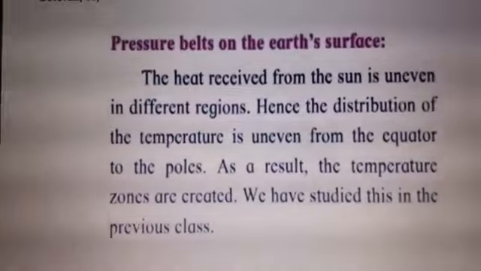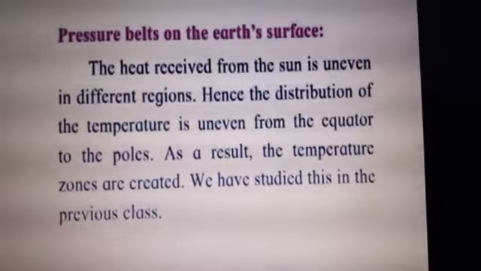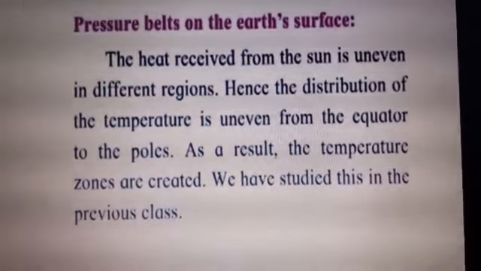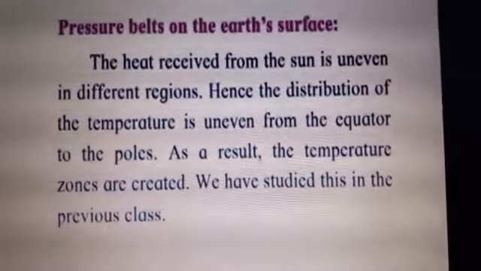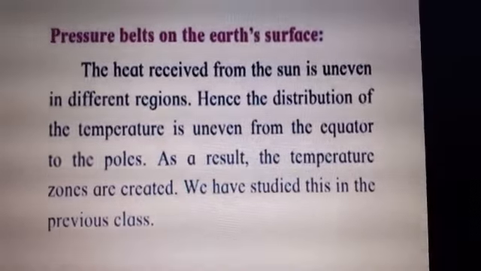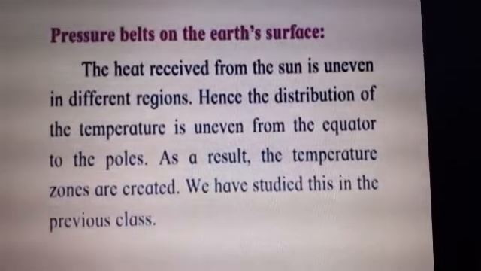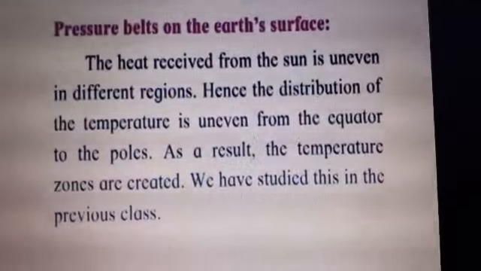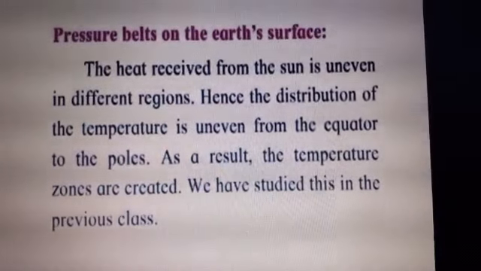First of all, the heat received from the sun is uneven in different regions. Now why are the pressure belts and the temperature zones formed, children? That is because of the heat received from the sun. Hence, the distribution of temperature is uneven from the equator to the poles.